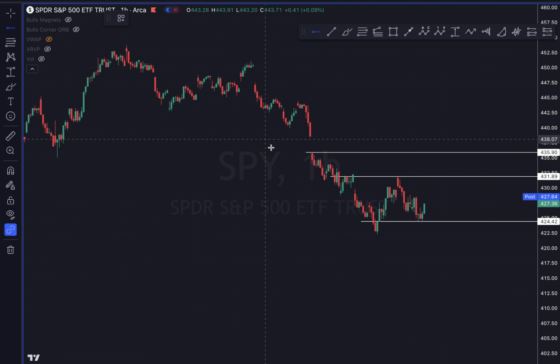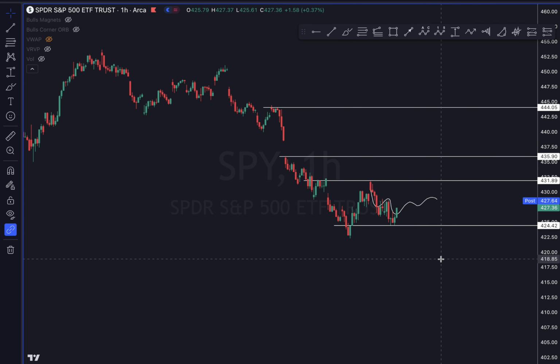Or if there is a good demand zone, then I would incorporate support there and buy from there. But as you can see, price is in this chop right now, and I'm not gonna buy if price breaks out of this level, because this is not a good level to buy on the breakout, because this is where the move started. That means the bears are already in control under this level, unless this level breaks out.